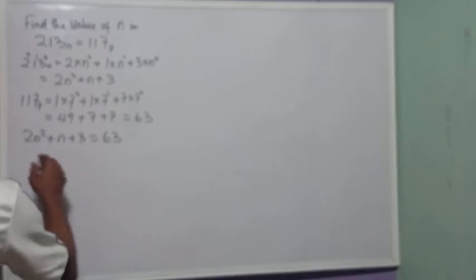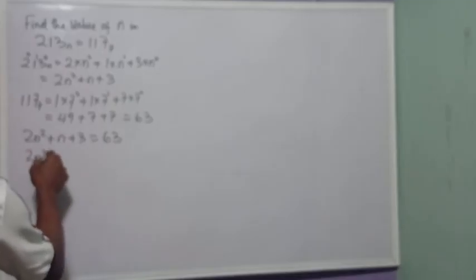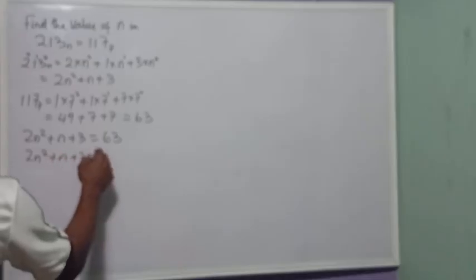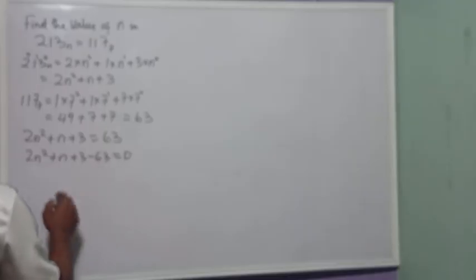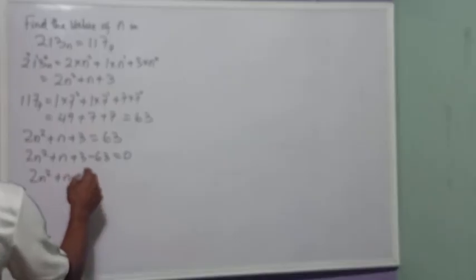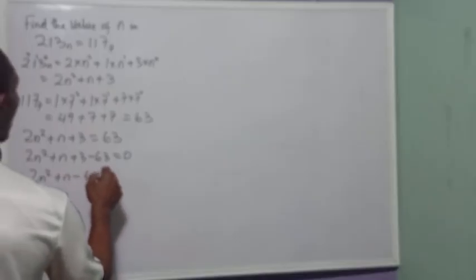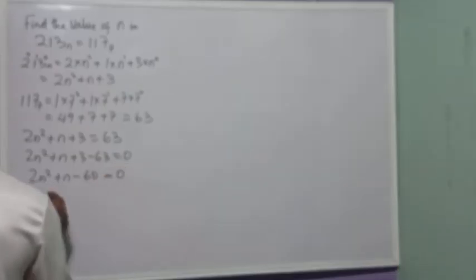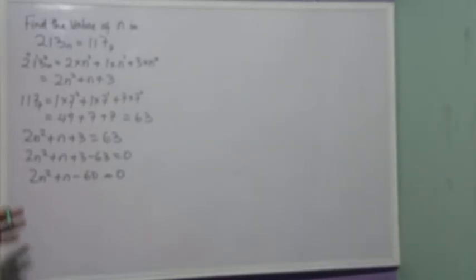Collecting like terms, this becomes 2n squared plus n plus 3 minus 63 equals 0. So this gives us 2n squared plus n minus 60 equals 0. Now we have an equation, so we'll solve this equation to get the value of n.